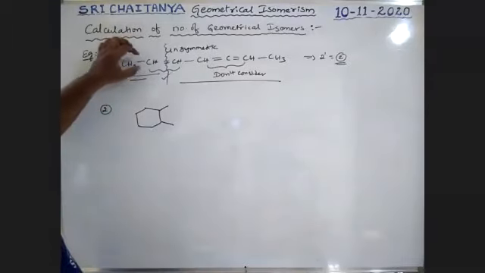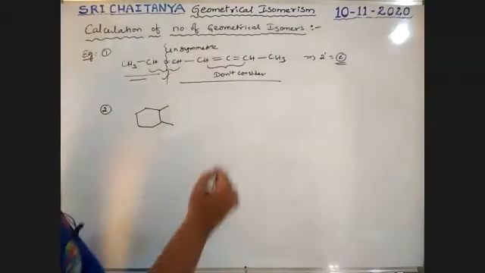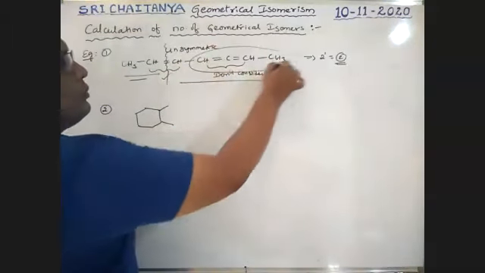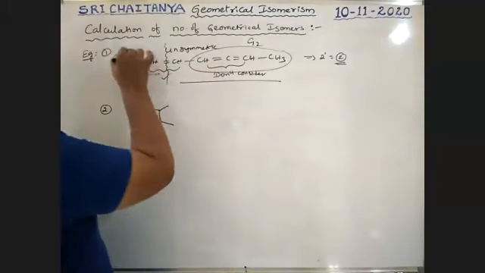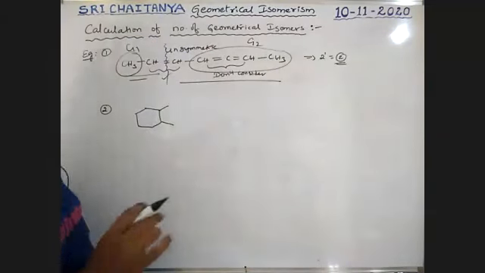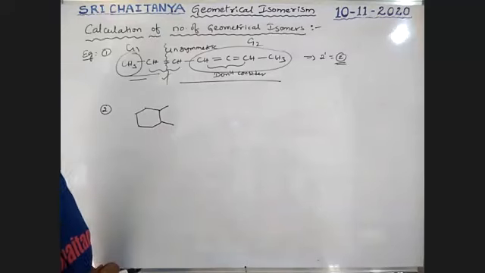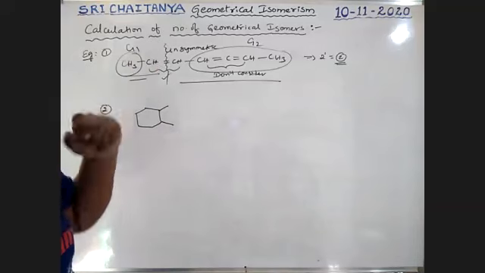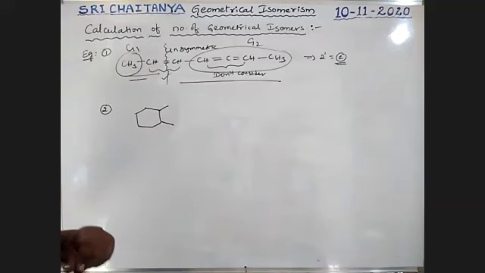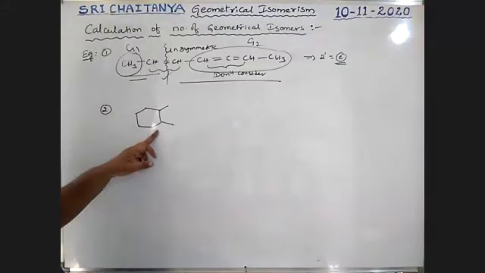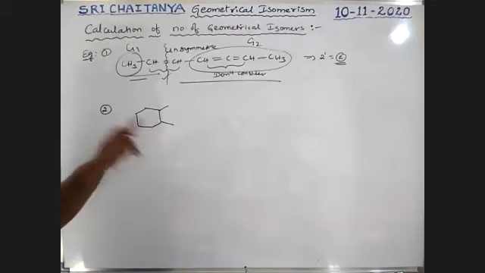This is the group attached, this is G2, this is G1. Now G1 and G2 are both different, because this is the C double bond C. See here, cyclohexane.